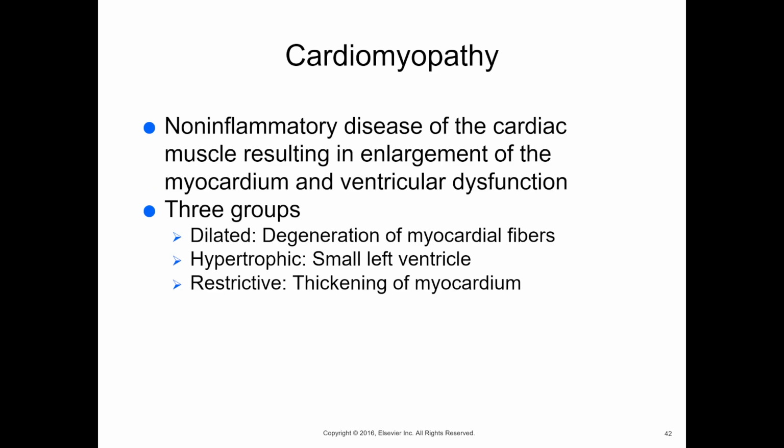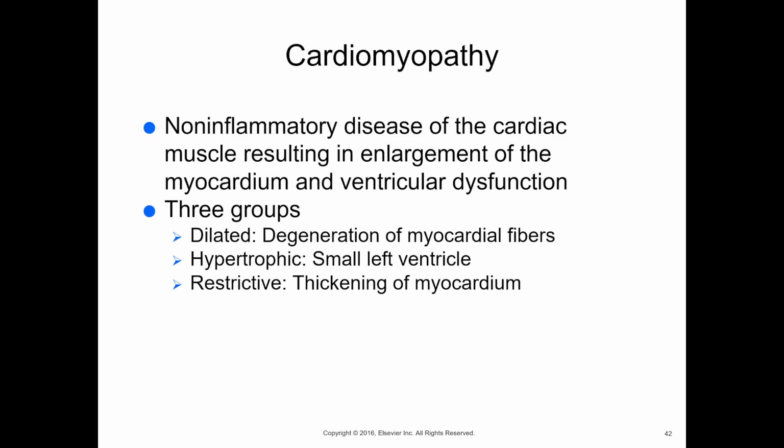So cardiomyopathy. There's different types of cardiomyopathy, three main ways to classify it. You have dilated, hypertrophic, and restrictive. But cardiomyopathy is a non-inflammatory disease of the actual muscle itself that results in enlargement and ventricular dysfunction. Dilated cardiomyopathy is often associated with chronic alcoholism, autoimmunity, and viral infections.